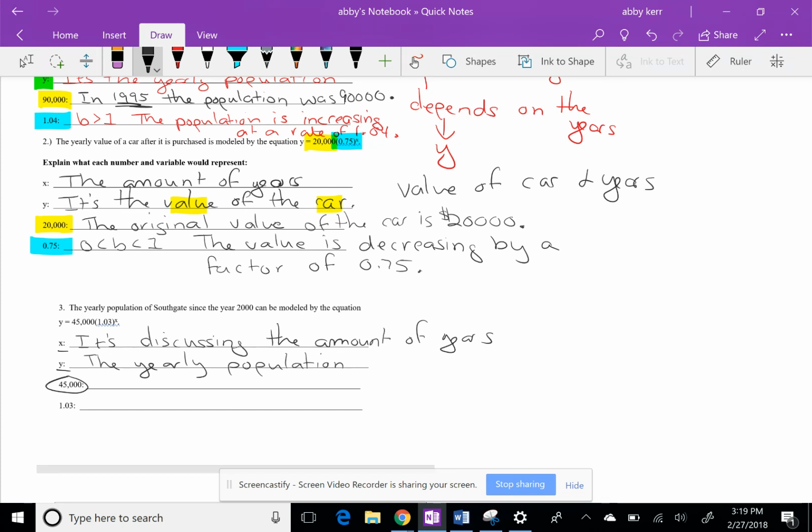The 45,000, we're talking about the starting value of the y, which is in year 2000. So at the year 2000, you can say there were 45,000 people. And then, based on our 2 examples above, if you notice our b value is greater than 1, so it's like number 1, the population's increasing at that rate because it's greater than 1.